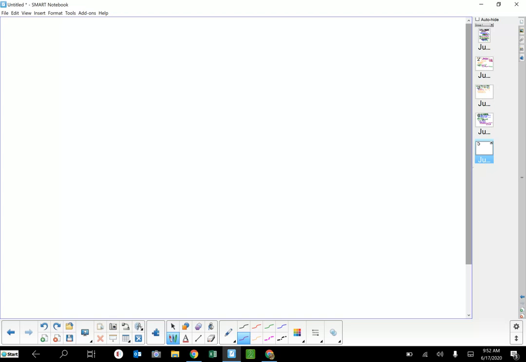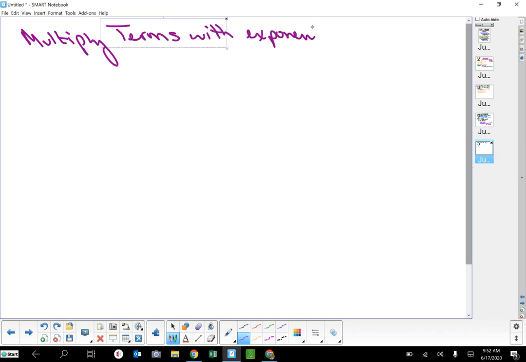All right, so remember when you multiply exponents, well, multiply bases, I guess that's really the more correct way to put that. So when you multiply terms with exponents, you end up adding the exponents together.